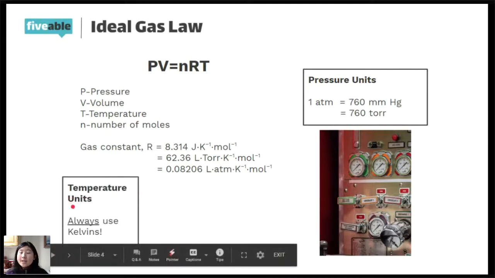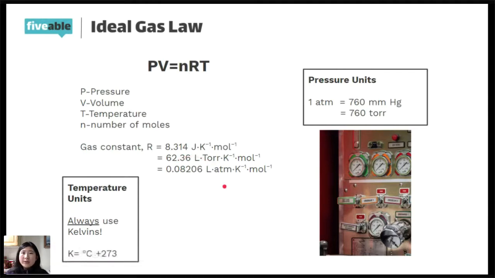Remember how I said that you use whatever units best suit you that are available in the gas constant equations. However, for temperature, you always want to use kelvins. You see the K over here? This K stands for kelvins. Do not use Celsius for gas problems.